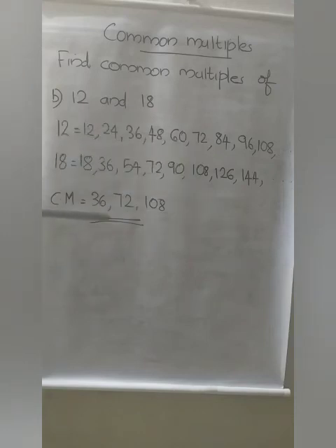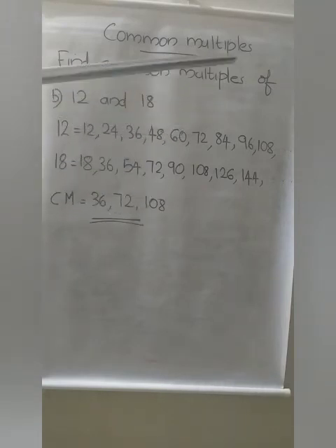So what are the first three common multiples? 36, 72 and 108. If you extend the multiples again, we will get more common multiples. Here I have asked only for the first three. If they are not specifying any specific number, write the first two common multiples.